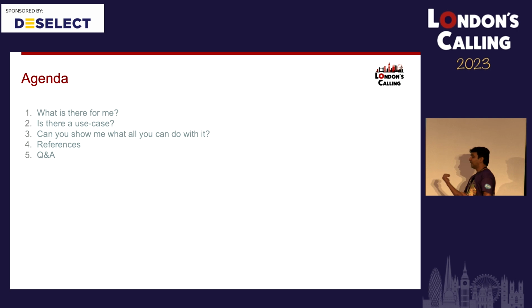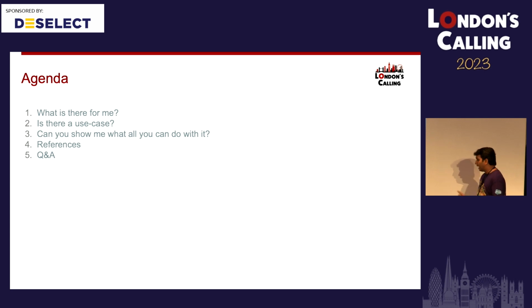This is our agenda for today's talk. We'll talk about why Marketing Cloud APIs are really beneficial, why you should use them, and what value they bring. Then we'll talk about how people are using them, and whether anybody has solved a business problem using this integration.